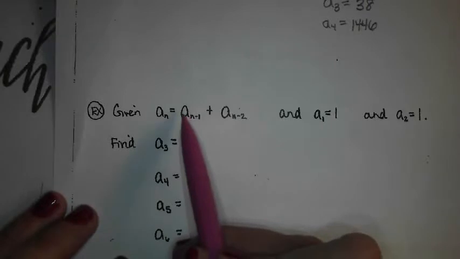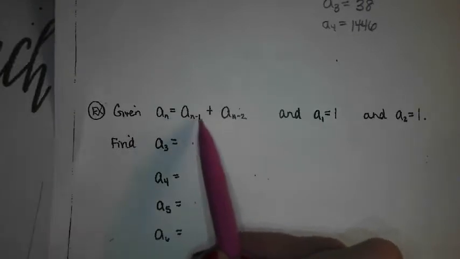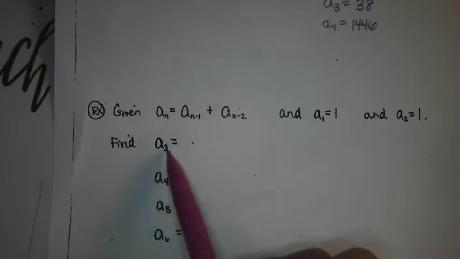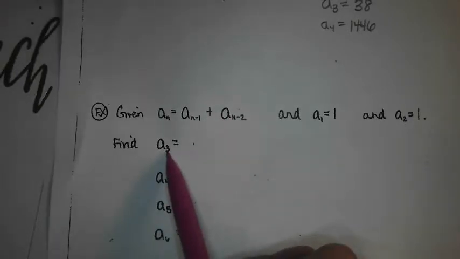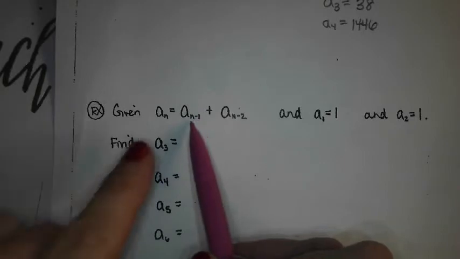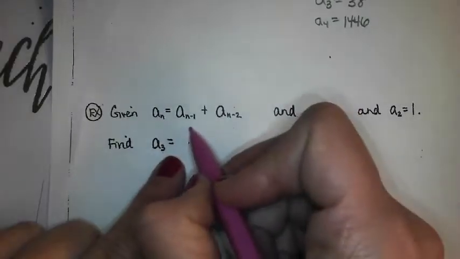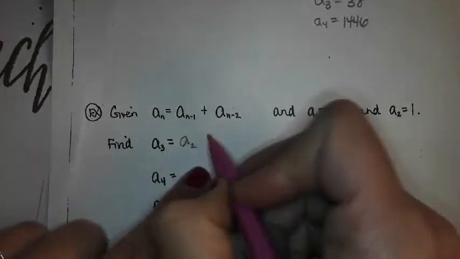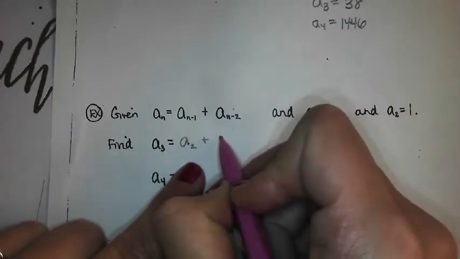The next exercise, still recursive. I've got a with a subscript of n minus 1 and n minus 2 in this situation. So a sub 3, if I do plug that in verbatim, what's 3 minus 1? A sub 2. What's 3 minus 2?